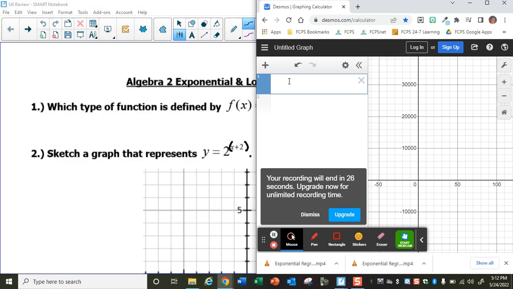So I'm just going to put 5,000 times E to the exponent, my rate is 0.005, and then times 3 years. And that will give my answer $5,075.